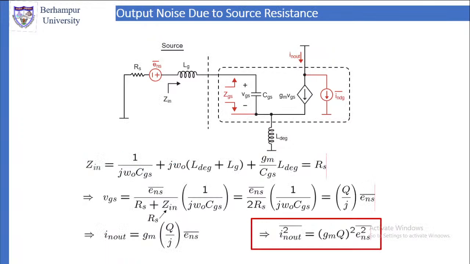So let us do that. Find out the output noise due to source resistance. Look at the circuit. Remember the equivalent circuit for the transistor. On the left side of the dashed line is the source, which means RS, noise, and the inductor LG.